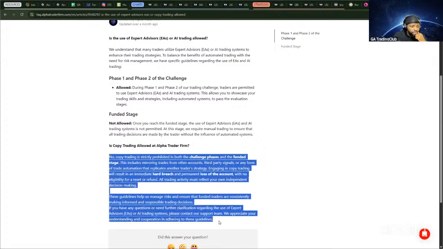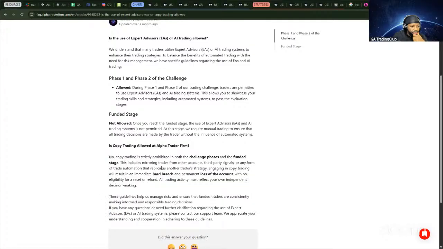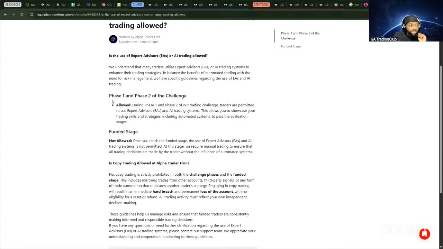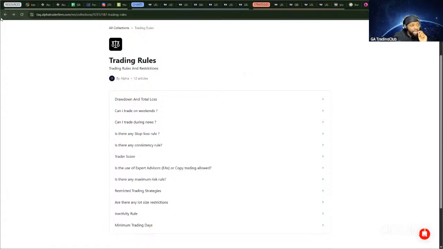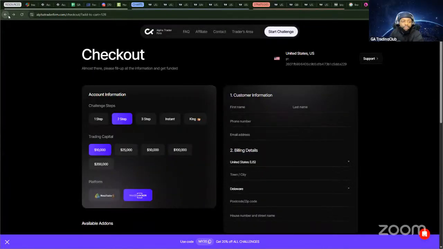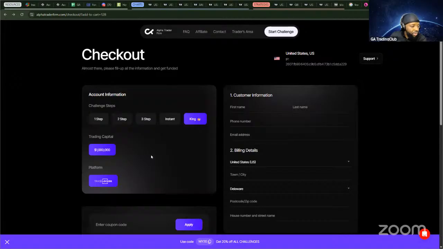Because here it says this includes mirroring trades from other accounts, third-party signals, or any form of trade automation that replicates another trader's strategy. Man, this is annoying. But this one is actually pretty cheap. $1 million account for $2,500. Pretty cheap. If they allowed copy trading or for me to copy, I would go for it. But I don't know what the parameters are.